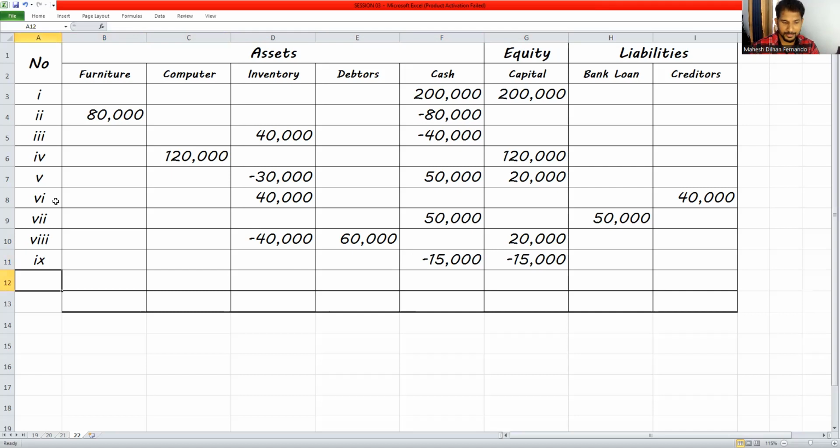Simple, right? Transaction number 10, paid 20,000 to creditors. I told you this. Cash minus 20, while the creditors is decreased by 20.